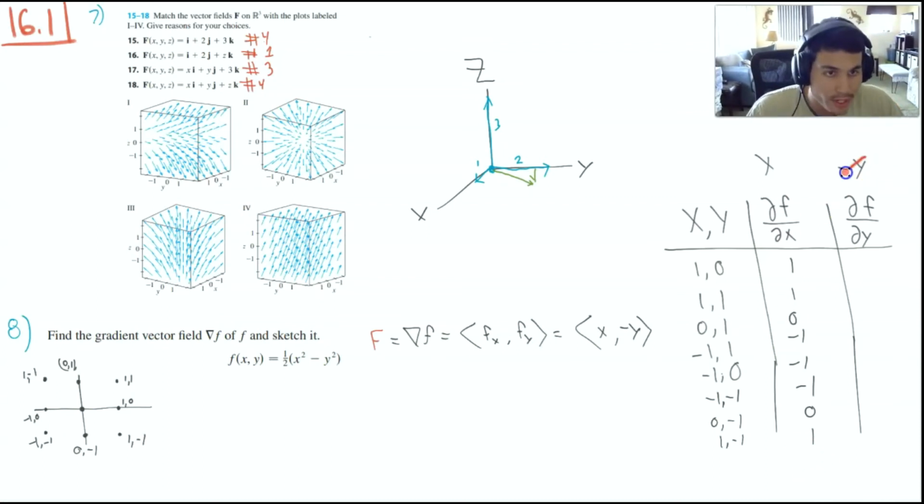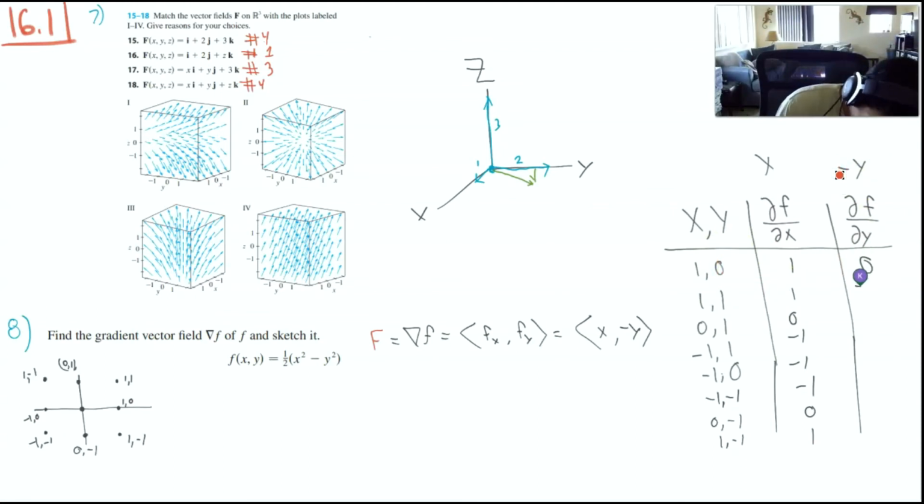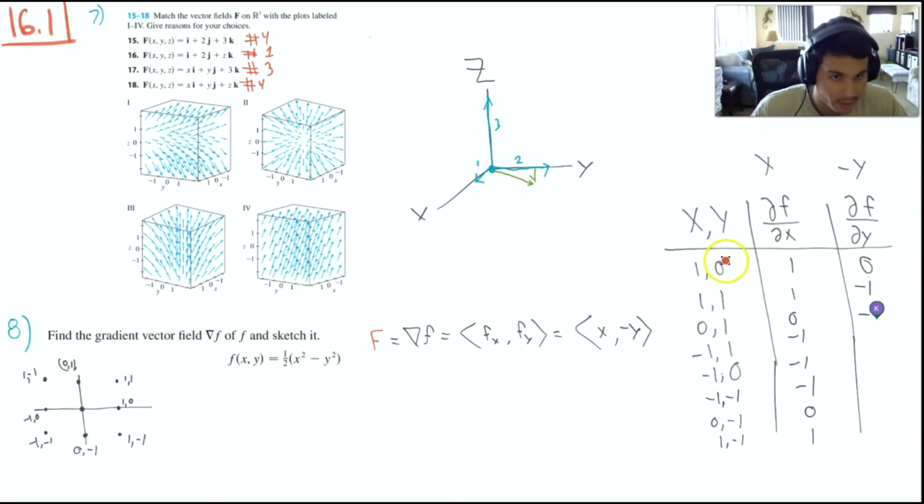But this is whatever the negative y coordinate, whatever the y coordinate is, times negative 1. So this is going to be 0, negative 1, negative 1. Look, here, 0 is the y. 1 is the y. We get negative 1. Because remember, this is our vector. So that's the only kind of confusing part, really.